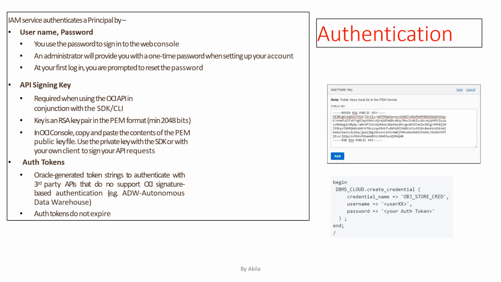And the API signing key: whenever we are going to use our OCI API with the command line interface, we have to use that. Those keys are RSA key pairs only. That will be in a PEM format. The PEM format is the privacy enhanced mail format. Minimum 2048 bit should be there.